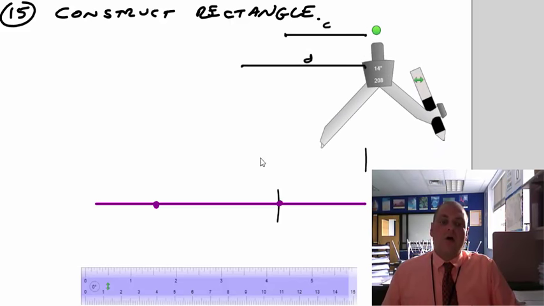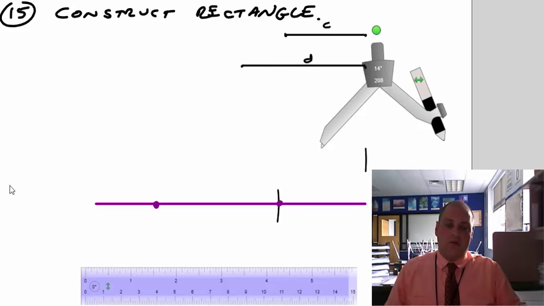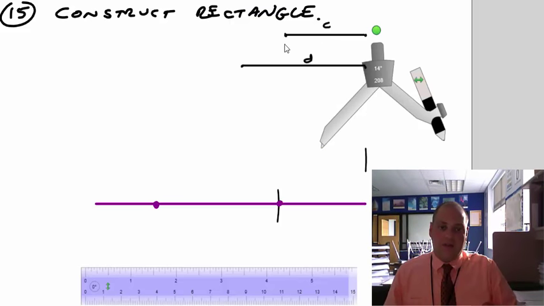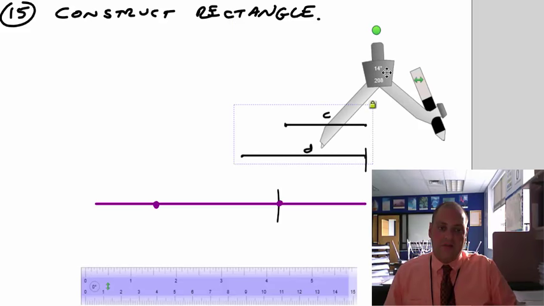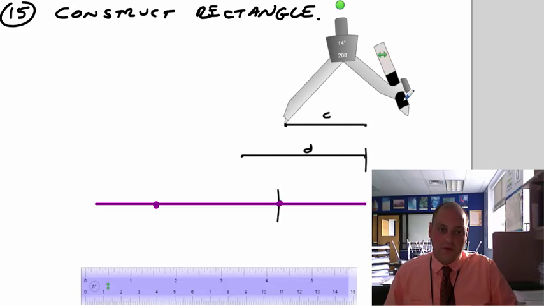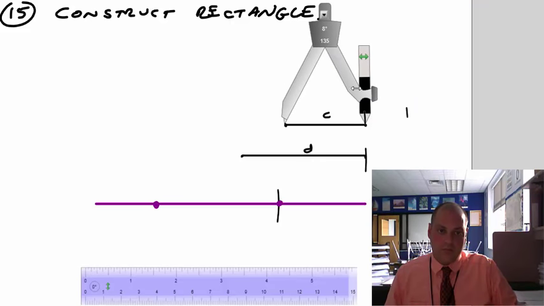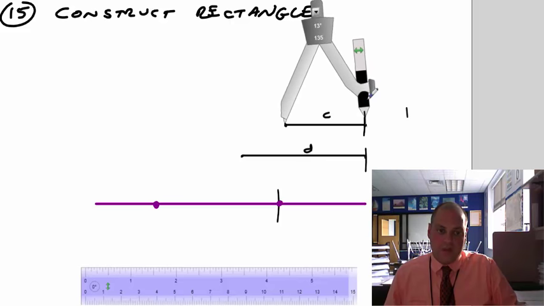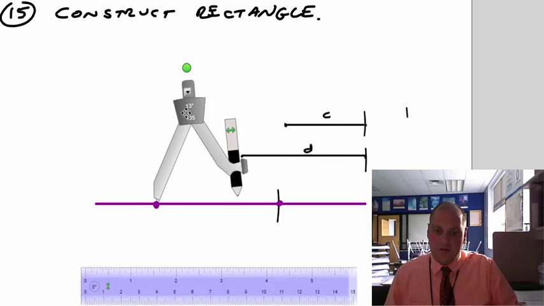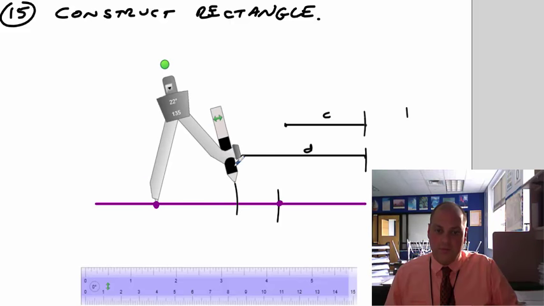Okay. So now, to get a rectangle, you need perpendicular lines. So I'm going to copy the distance here. Let's copy this distance. Okay. Copy that distance right there. And go boom.